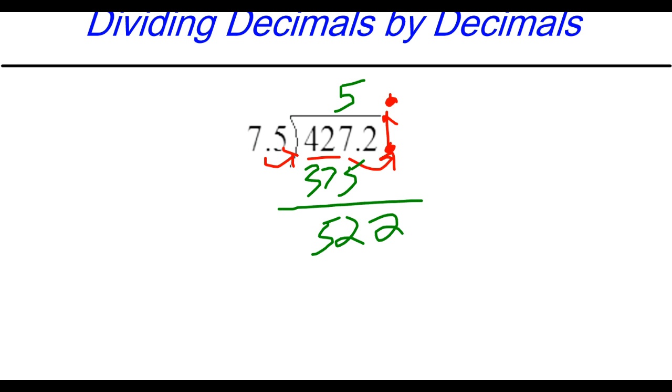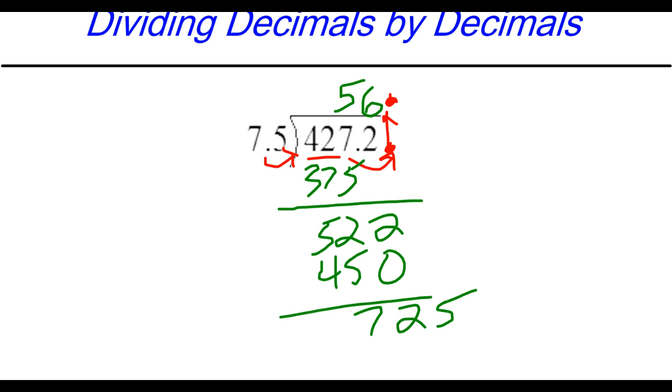Now we have 522. 75 goes into 522 6 times. 6 times 75 is 450. 522 minus 450 is 72.